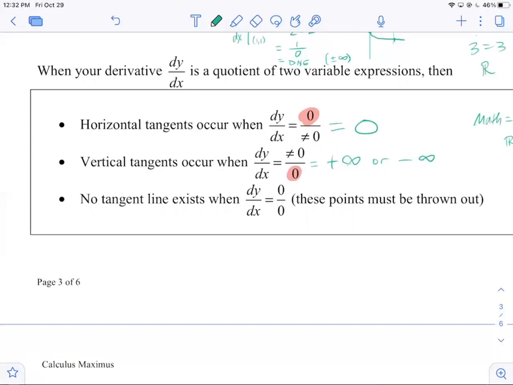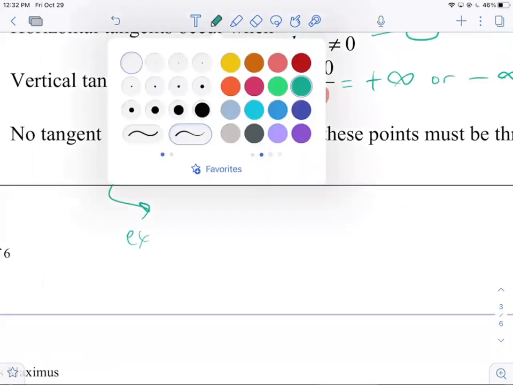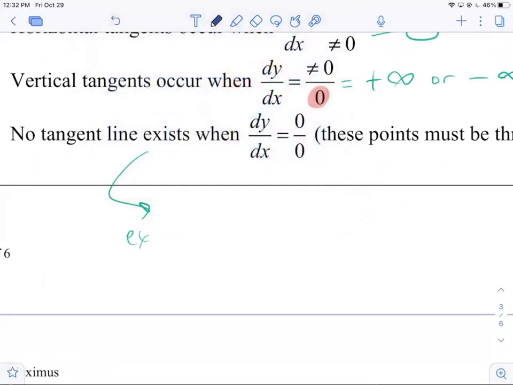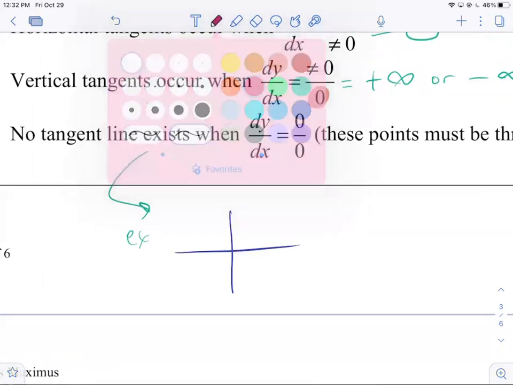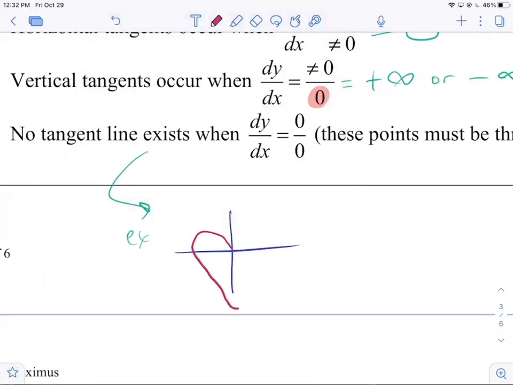What that's going to look like is this. I'll show you what it looks like. We're going to study cardioids and limacons later in the year. You're going to get a function that kind of looks like this. In fact, Mason drew one yesterday. It's called a cardioid.